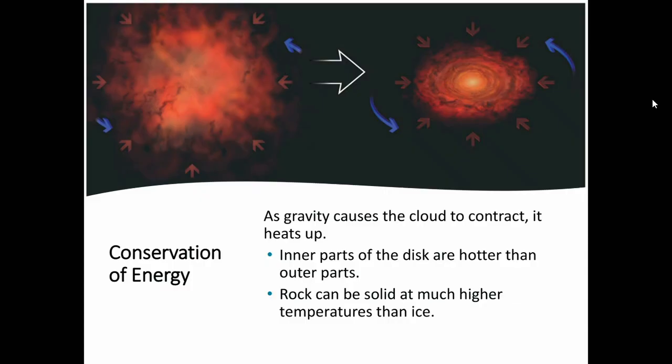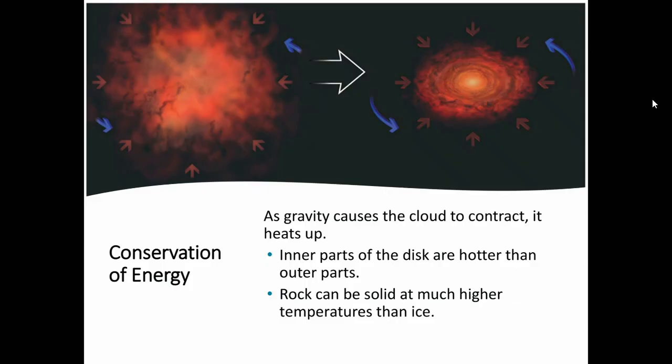And if the gas cloud is big enough, then it has enough kinetic energy when it collapses that the center will eventually start doing nuclear reactions and form a star. You can have gas clouds collapsing that never get hot enough in the center for a star to form, and we'll talk about what happens in that case a little bit later in the semester.